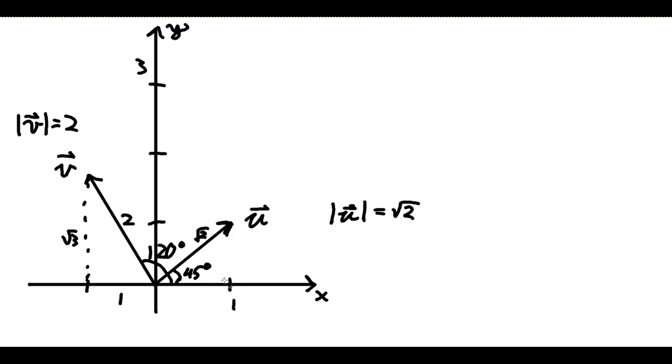Now, suppose that we want to add u plus v. We could do this with the triangle law or parallelogram law, right? Whichever way we approach this. This is kind of written for the parallelogram law, so let's start making a parallelogram here. Extending the parallelogram, it looks like the sum u plus v will go from the origin up to somewhere around here.